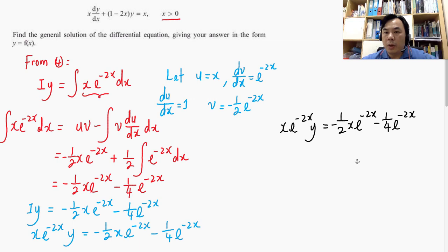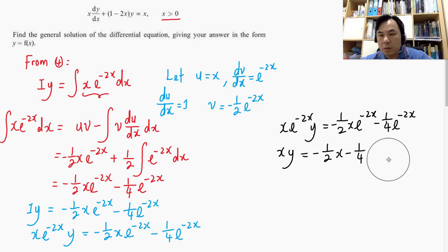Okay, so that's what I have. So now I'm going to divide both sides by exponential negative 2x. I will end up with this. Oops, my x is gone, so I shouldn't write that anymore. Okay, so that's what I have currently.